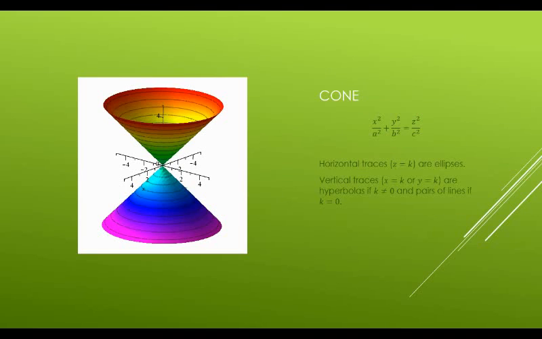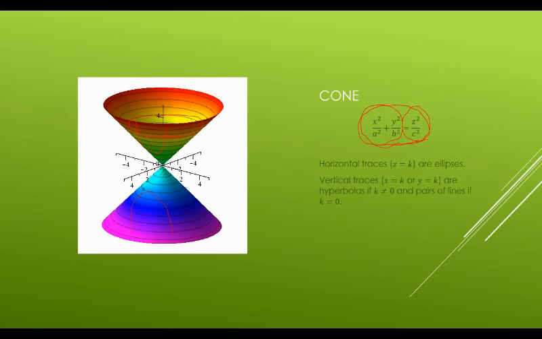You can also get cones, and that's where you have your x squared plus y squared over here equal to z squared over c squared. So this is similar to the elliptic paraboloid, only now the z is squared as well. In this case, the horizontal traces this way are ellipses, but the vertical traces this way are hyperbolas.